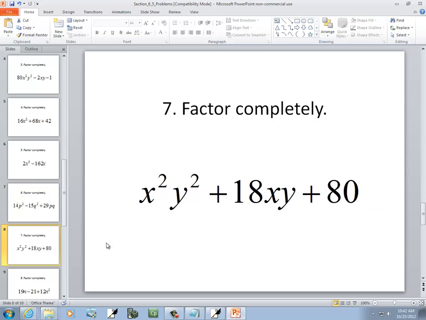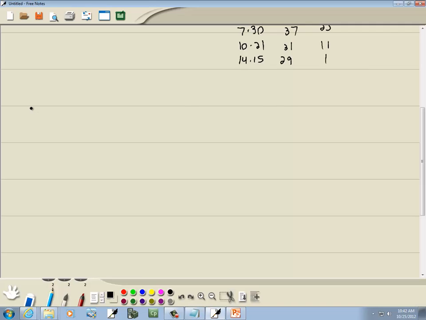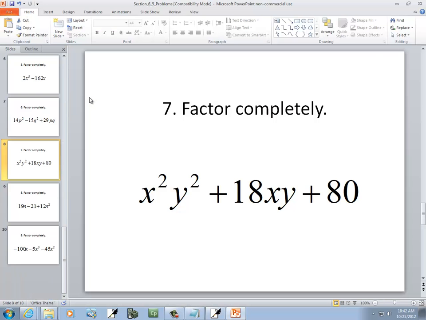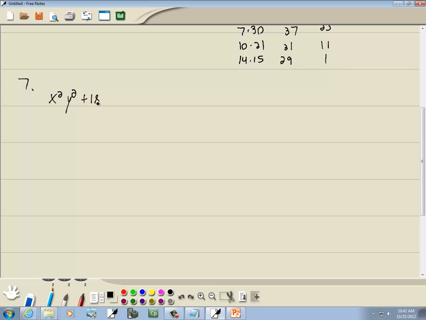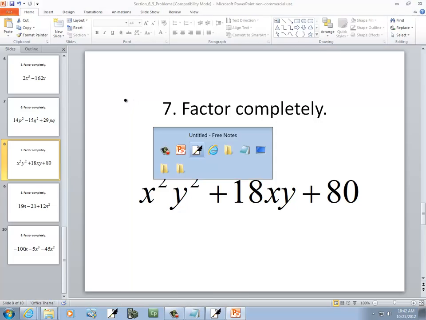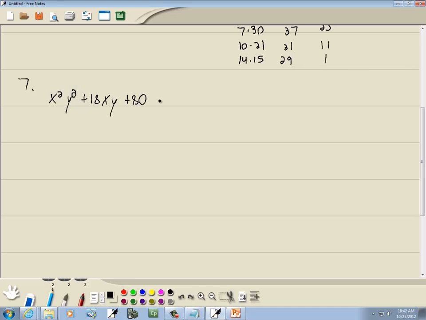Let's look at our next problem. This is another U-substitution. So we got x squared y squared plus 18xy plus 80. Now remember with our U-substitution, we're going to let the variable part of the middle be u, and the variable part of the first be u squared.